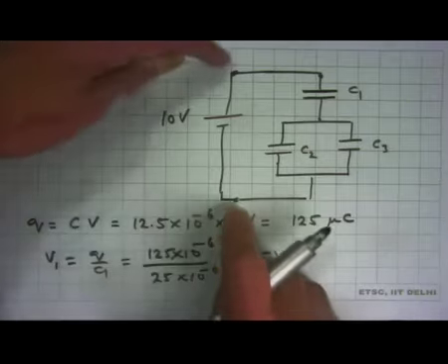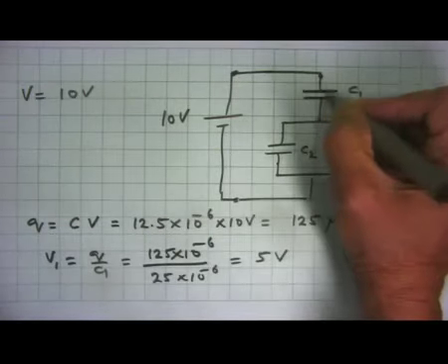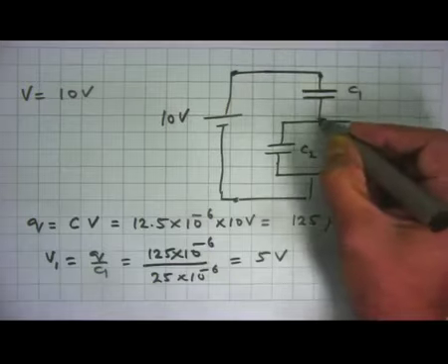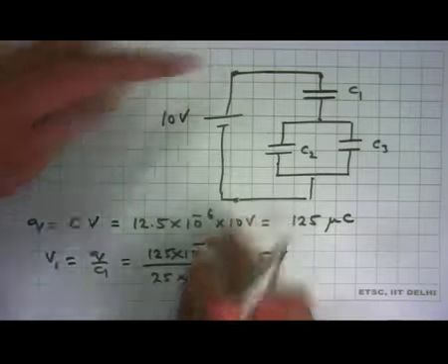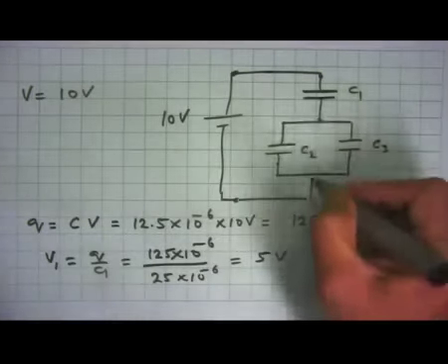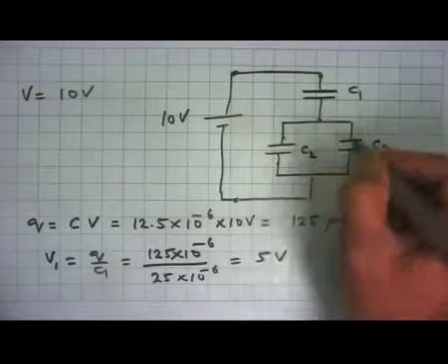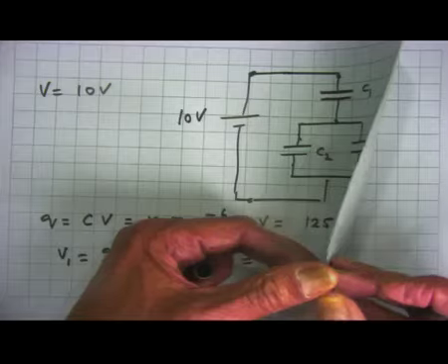So, if you have applied 10 volts across these 2 terminals, 5 volts gets dropped across this capacitance, and the remaining 5 volts must be across these 2, because the total is 10 volts. So, these 2 capacitances have a potential difference of 5 volts across their terminals. I can now calculate the charge on each of those.